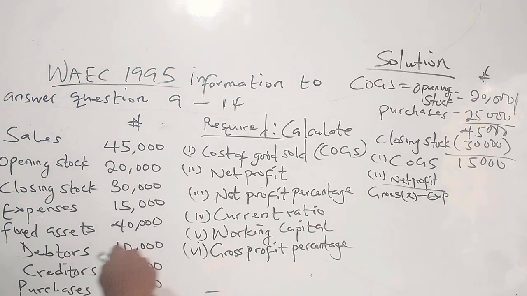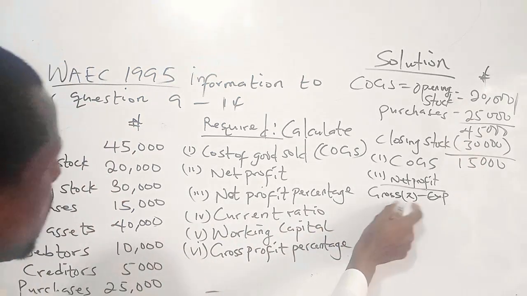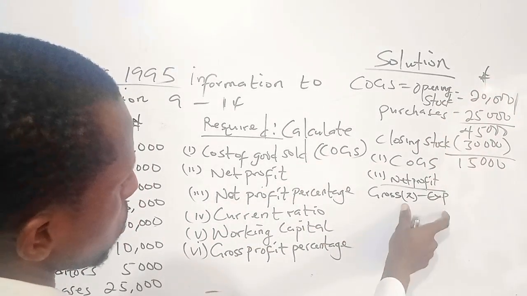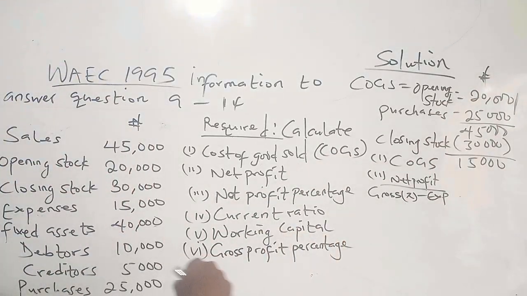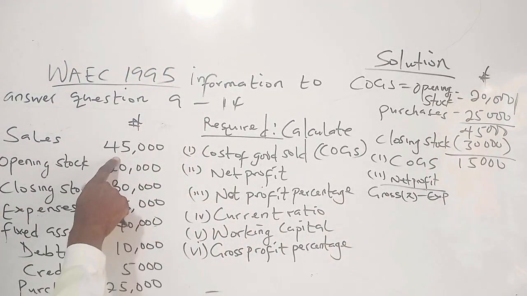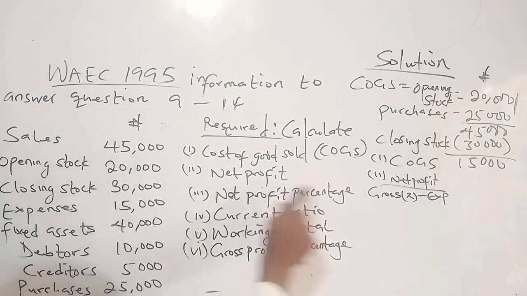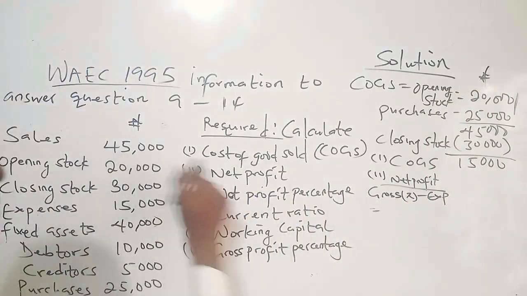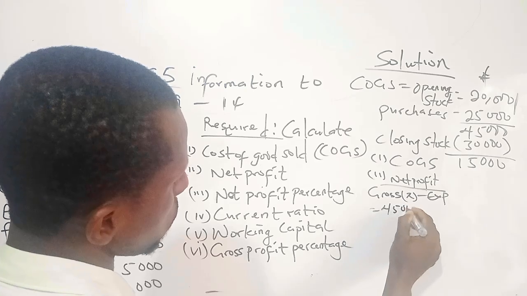Because we don't have gross profit in the question, we have to determine it. We minus our cost of goods sold from sales. Sales is 45,000 naira.